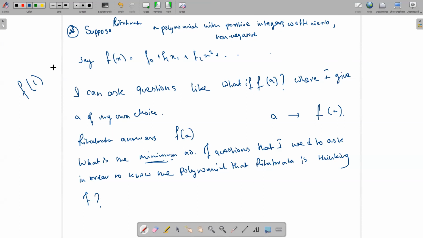Okay, so f of 1 is 3. Okay, so give me f of 10. 111. Okay, my claim is this is enough. Can anyone else guess the function from here?